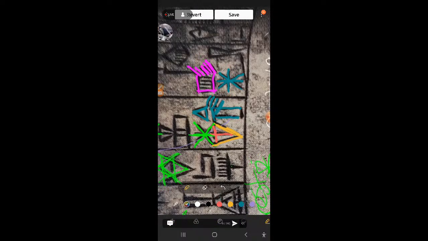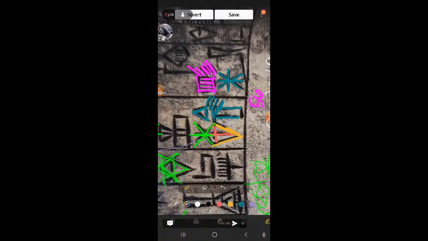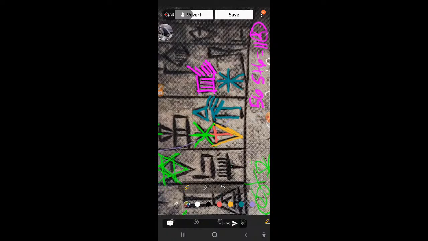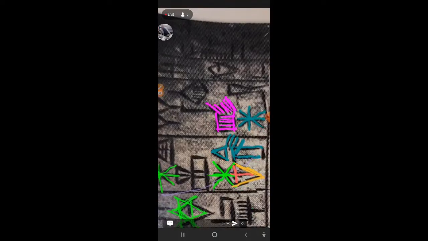Again. 1, 2, 3, 4, 5. So you got 5 and 6. Ironically, 5 plus 6 equals 11, which is a K in the alphabet of United States, in Western English.